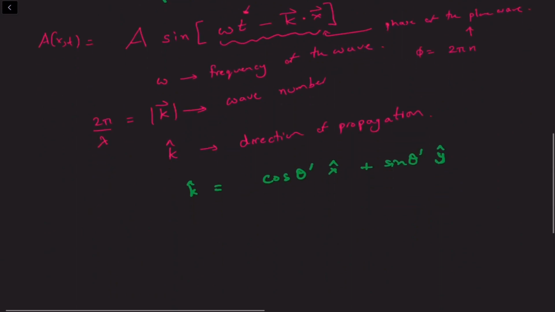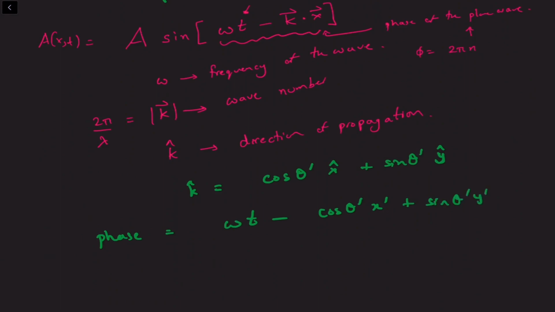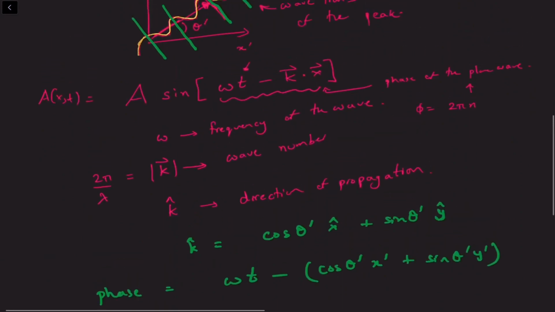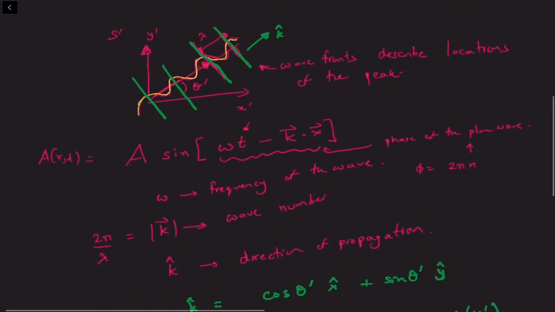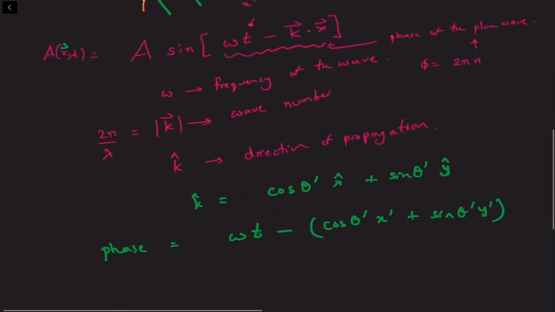And therefore the phase of this wave can now be written as omega t minus cosine theta prime x prime plus sine theta prime y prime, where x prime and y prime are the coordinates of the point at which you're trying to figure out the phase of the wave.